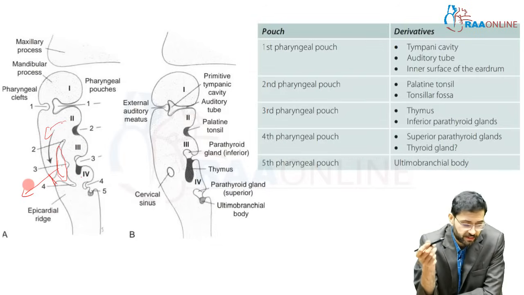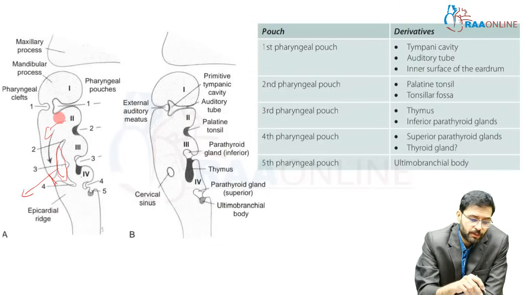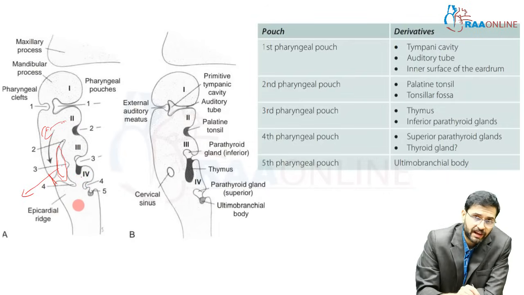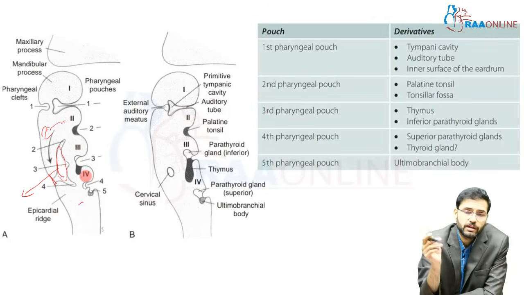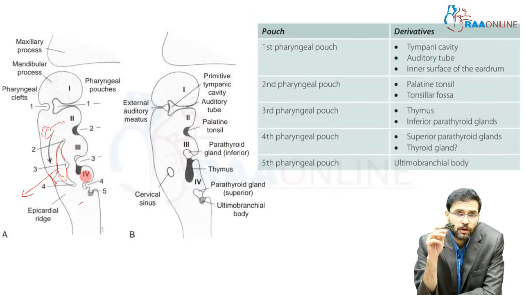So, to emphasize again, the mesenchyme of the second pharyngeal arch can overhang the second, third and fourth pharyngeal clefts or branchial clefts, fuses with the epicardial ridge, isolating the clefts from the outside, creating a space called the cervical sinus.